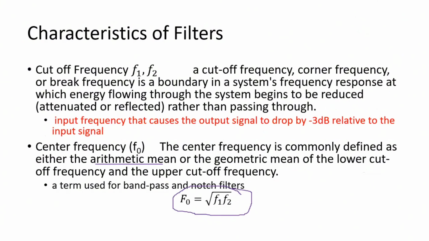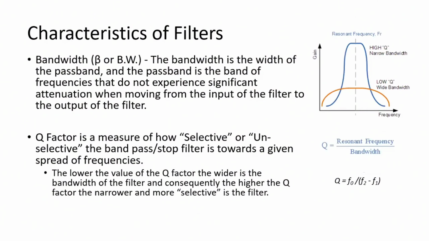Okay, now the another parameter, bandwidth. What is the bandwidth of the filter circuit? Bandwidth of the filter circuit is the width of the pass band or rejected band. So if you want to get the bandwidth of the filter circuit, just take the difference between two cutoff frequencies.